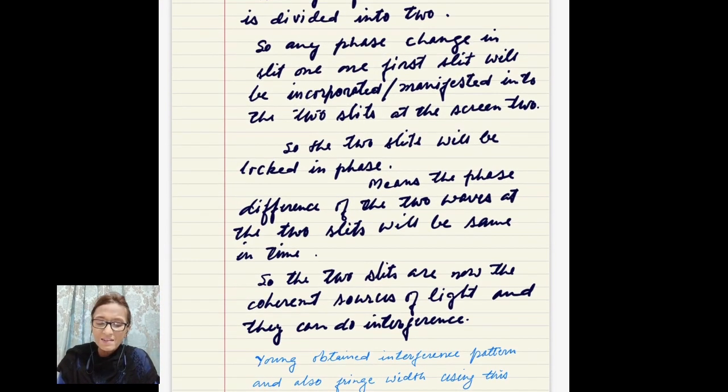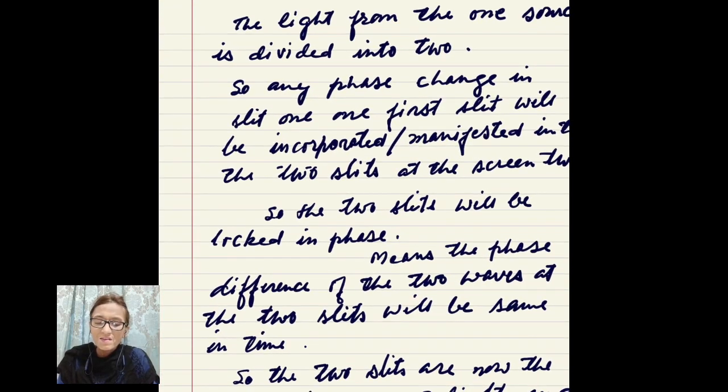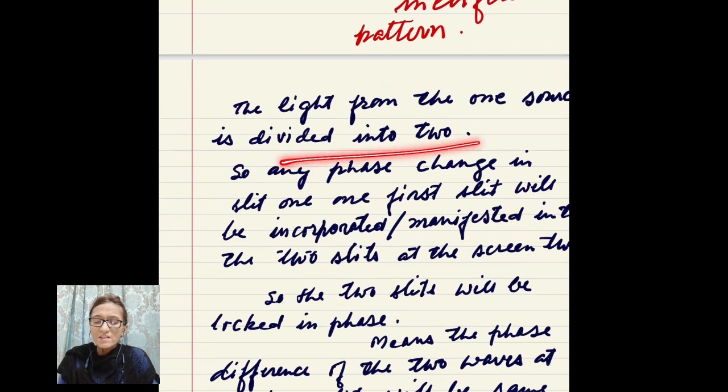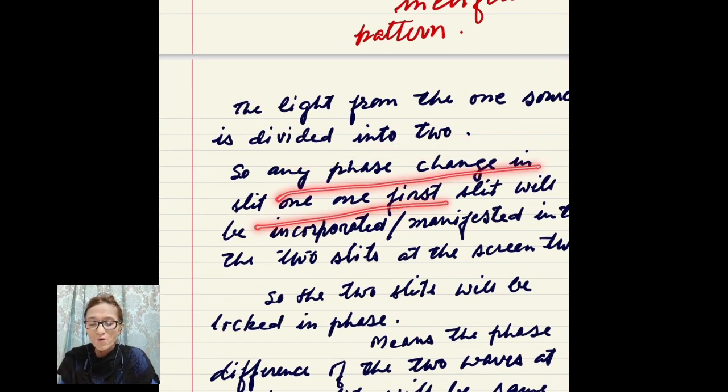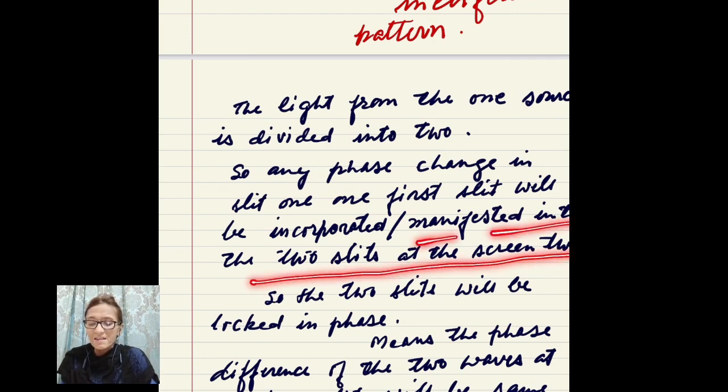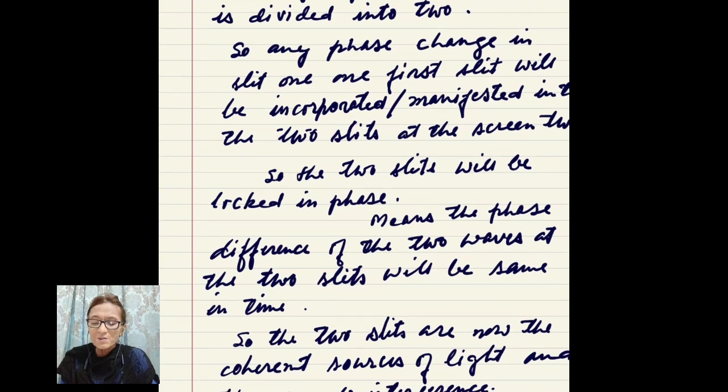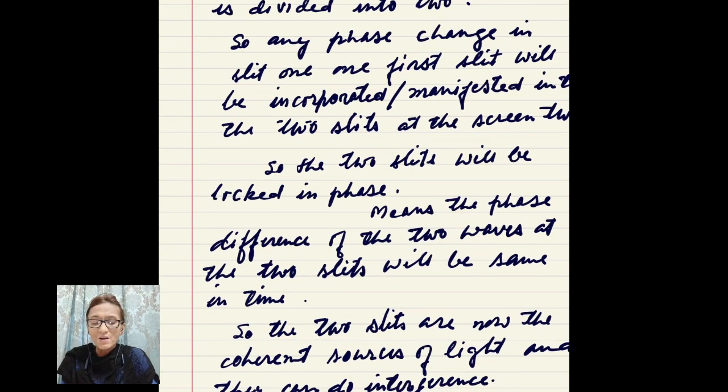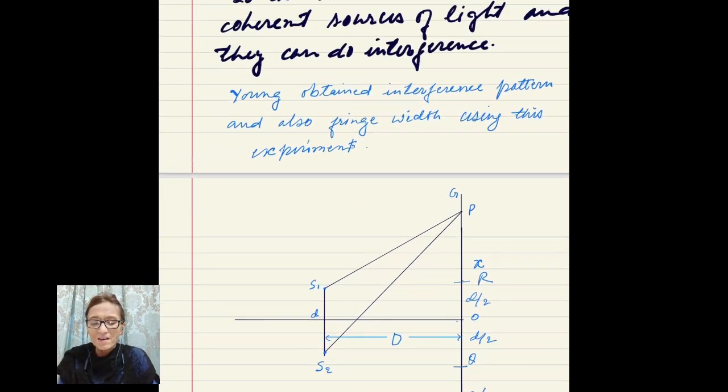So light from one source is divided into 2. So any phase change in slit 1 will be manifested in the 2 slits of the screen. So the 2 slits will be locked in phase, meaning the phase difference of the 2 waves will remain constant.